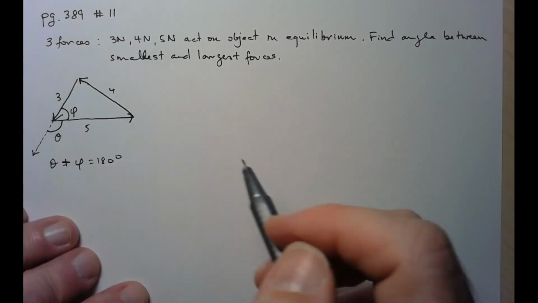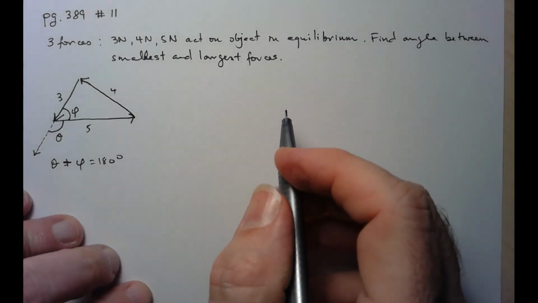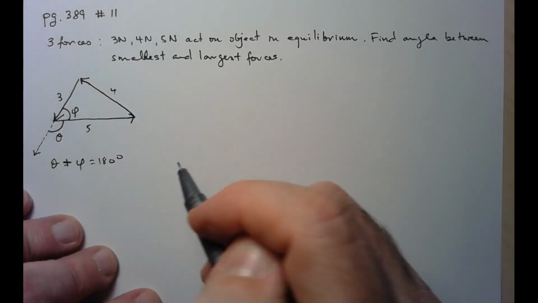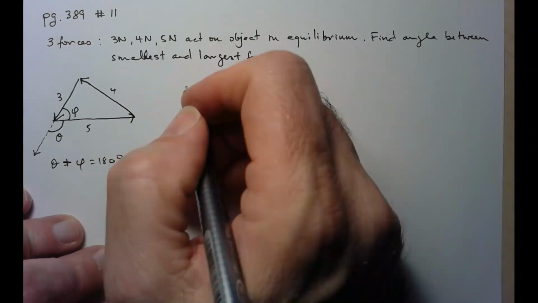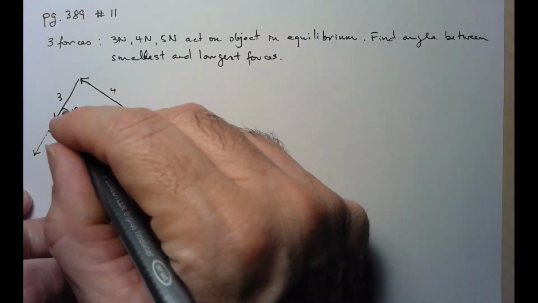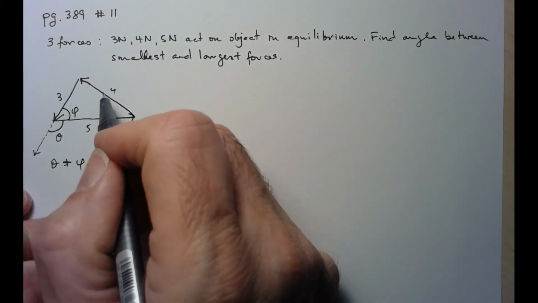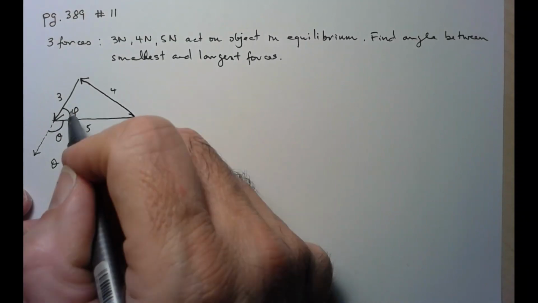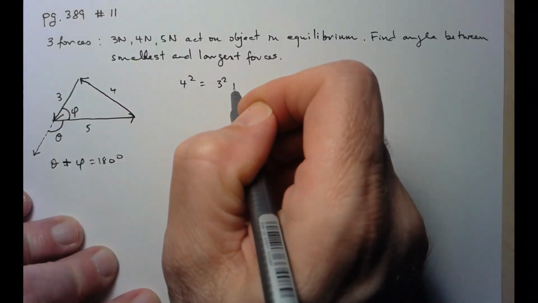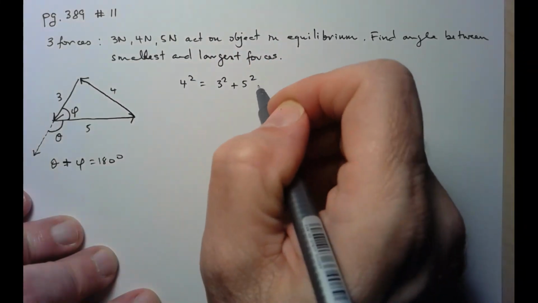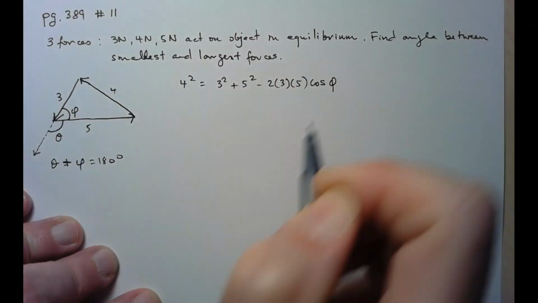I've got the 3 side lengths, so I'm able to use cosine law. When you're using cosine law for finding angles, maybe you remember the shorthand to go to the angle right away, but just in case you don't, just write out the cosine law and then solve for the angle you're looking for. So here, I'd have on one side 4 squared, the opposite side, equals the sum of the squares of the other two sides, minus 2 times 3 times 5 times cosine of the angle that I'm looking for.